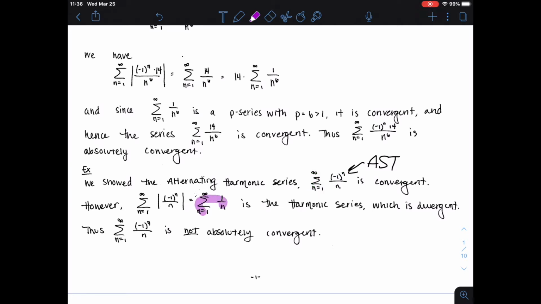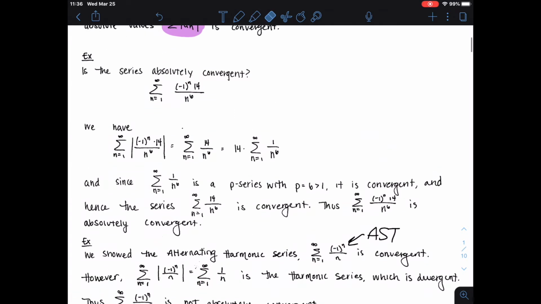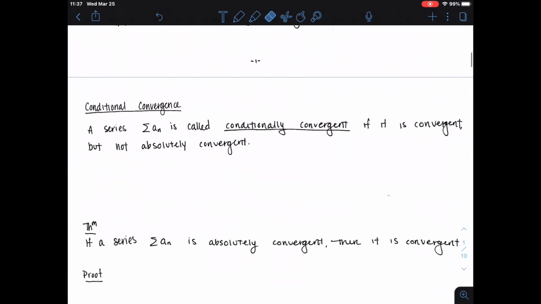When you look at it in absolute value, it's not convergent. If you were to go back to this first example, in absolute value, we do get something that's convergent. And if you went through and applied the alternating series test to this one, it's convergent as well. So absolute convergence is really powerful and much stronger.